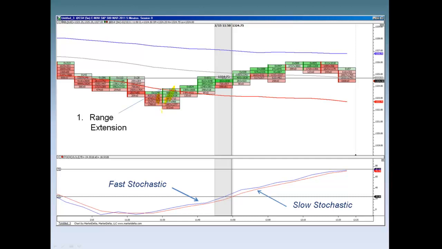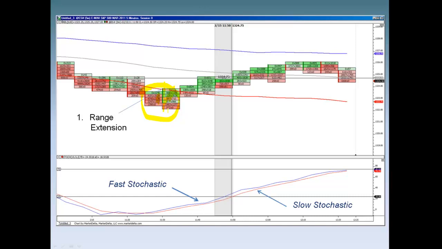I also have an expansion of the range to the upside. Not a very big expansion, but a little bit of an expansion. So I have a potential entry here, okay? I've identified that by looking at the bars. So the market profile concepts help me to identify an entry.